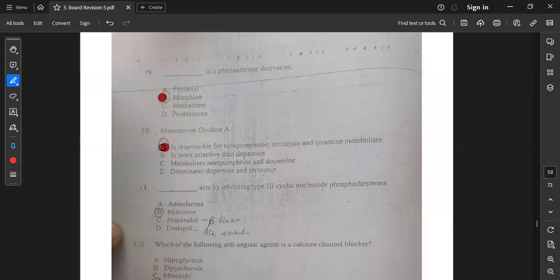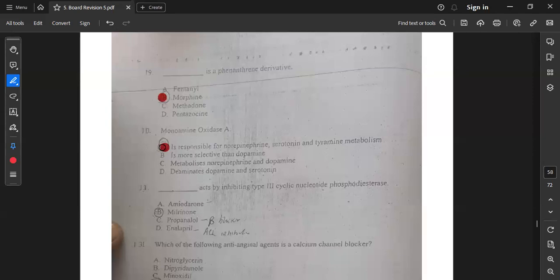So monoamine oxidase is responsible for norepinephrine, serotonin, and tyramine metabolism. B is specific for dopamine. Yeah, B is specific for dopamine.